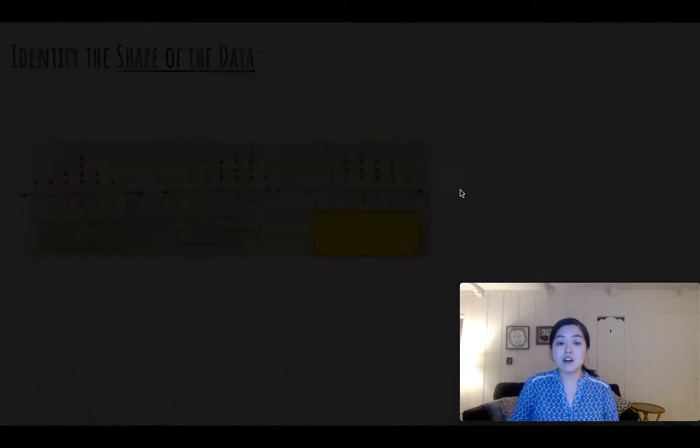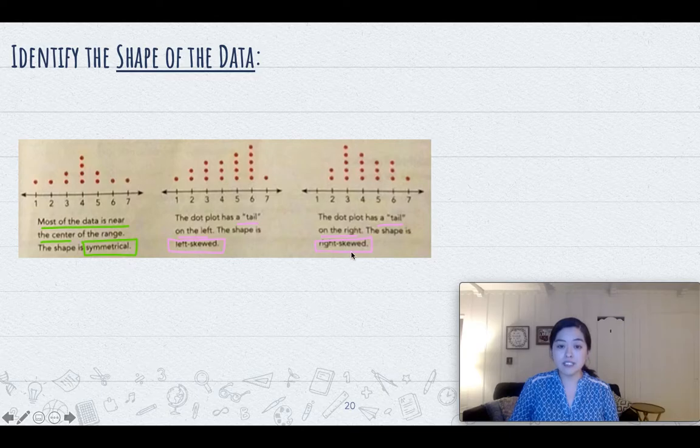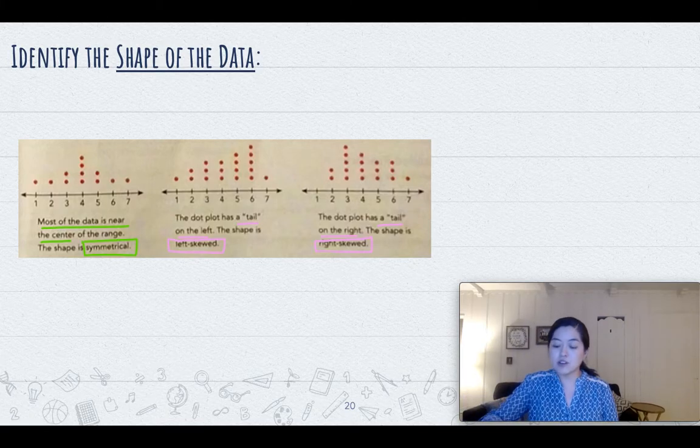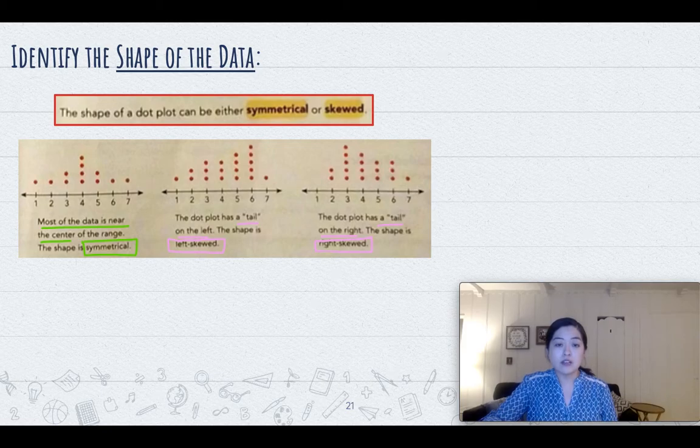And so when there's a tail on the right side, we call the shape right skewed. And so the shape of a dot plot can either be symmetrical or skewed, right skewed or left skewed, depending on which side the tail is on.